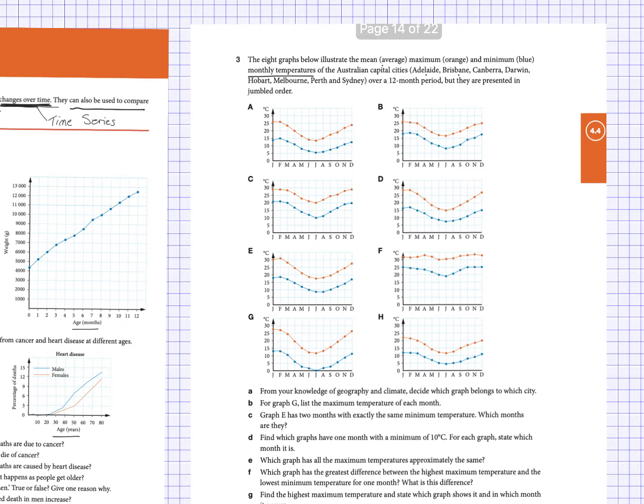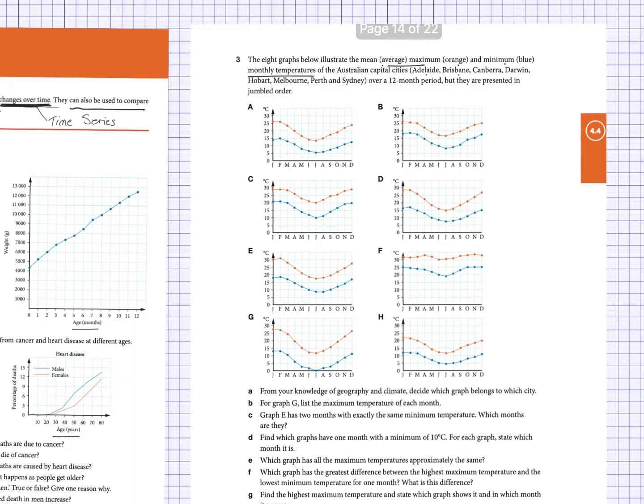It says here average temperature is orange and minimum temperature is blue. So average temperature is here, minimum temperature is there. So we'd be looking at two different sets of data, one of them average and one of them minimum.